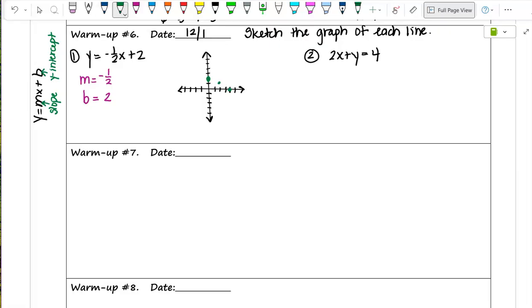And then I use my straight edge to draw my line. So that's what the graph of y equals negative 1/2 x plus 2 should look like.